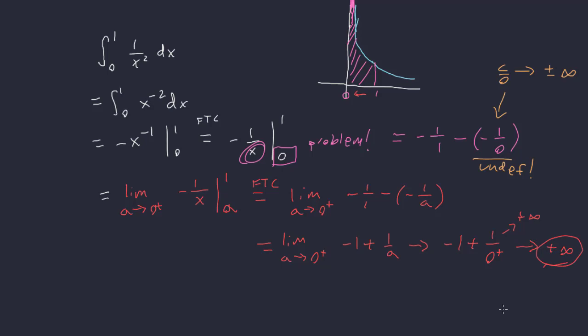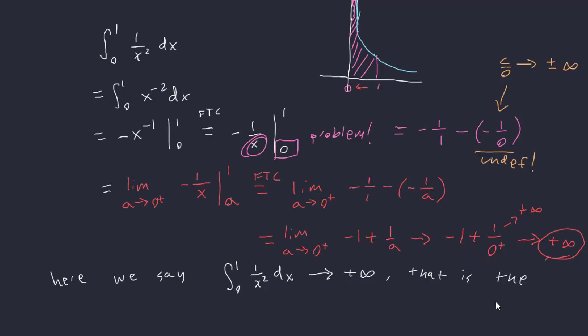Okay? So, what we say, so here, we say that this integral from 0 to 1 of 1 over x squared dx goes to positive infinity. In other words, what we like to say in this case is the integral diverges.